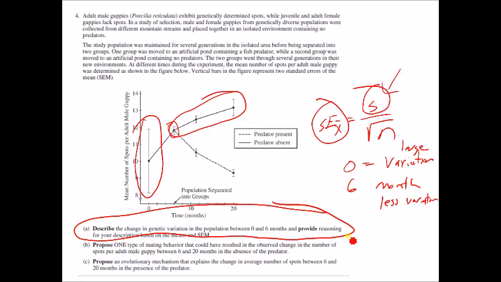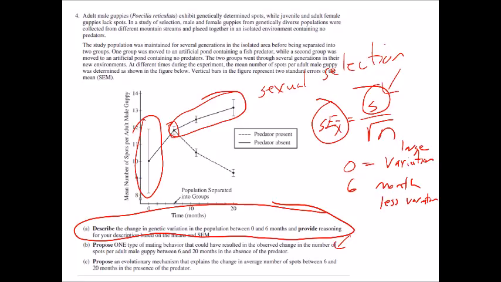What they want you to talk about on part B is sexual selection. That when there's no predator present, females are selecting males with more spots. And because they have more spots and because they attract more females, they reproduce more, and therefore the number of spots is going to increase in the population.